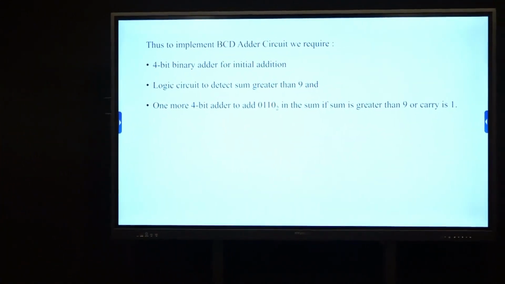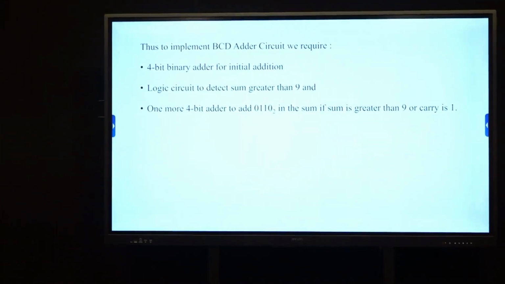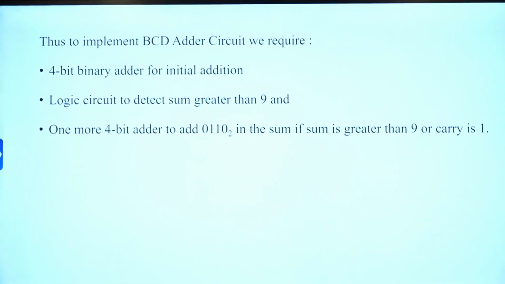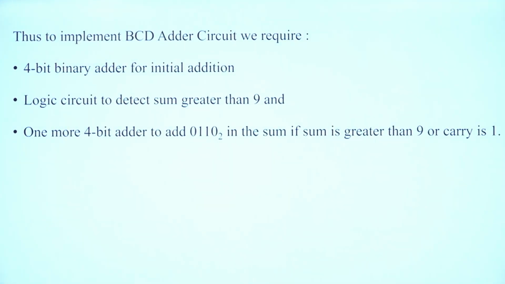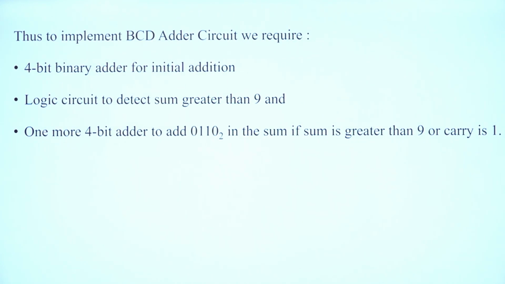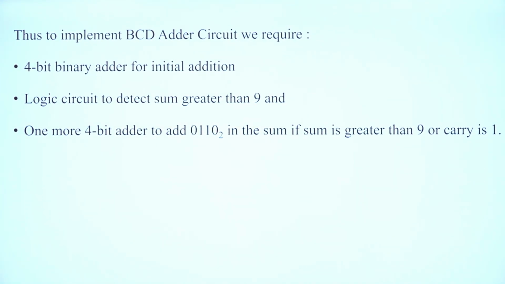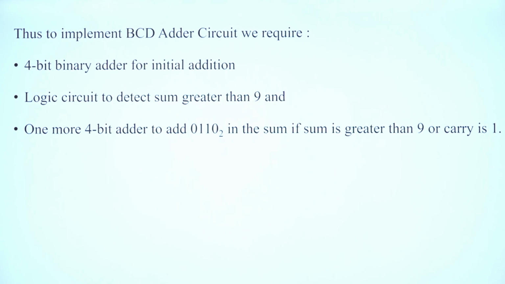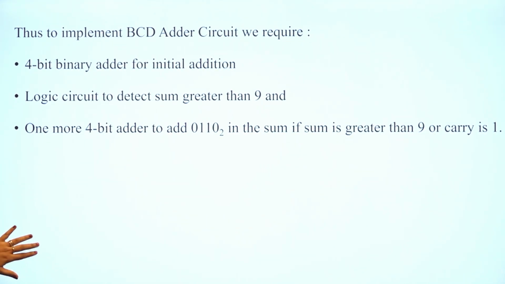This is a complicated circuit compared to what we have seen in the earlier sessions. So we need a 4-bit adder for normal addition, and an extra logic circuit for adding that 6 to the resultant if the sum is greater than 9.